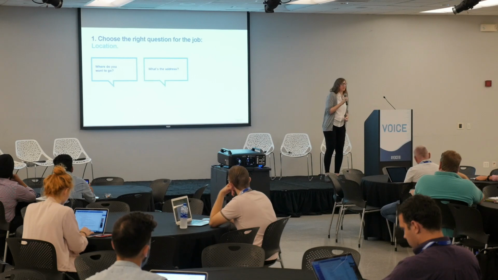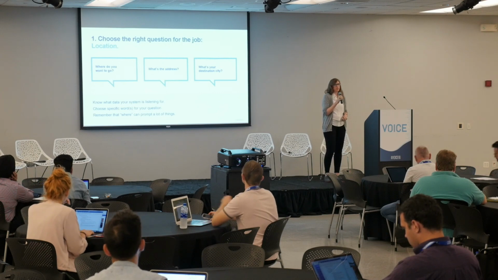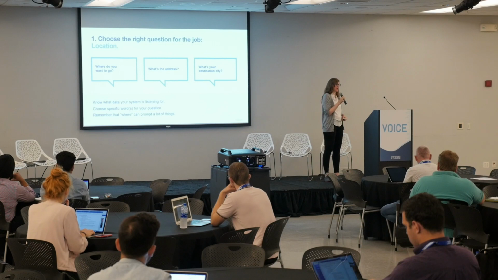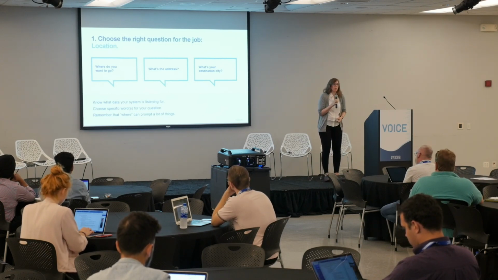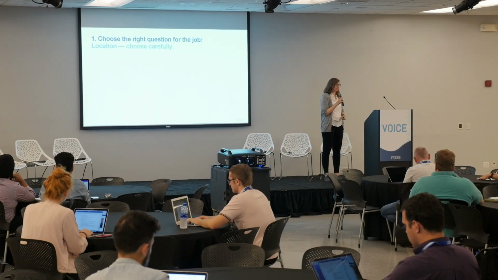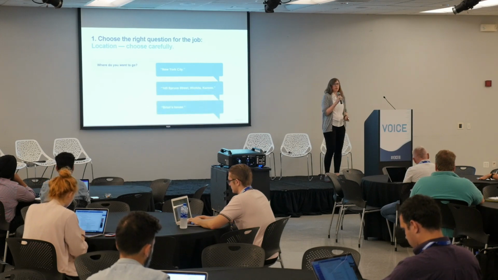Next, location questions. These also, in a similar vein, you want to be specific about what kind of location you're asking for. And similar to when, remember that where can prompt a lot of different responses. So in this example, you could say, where do you want to go?